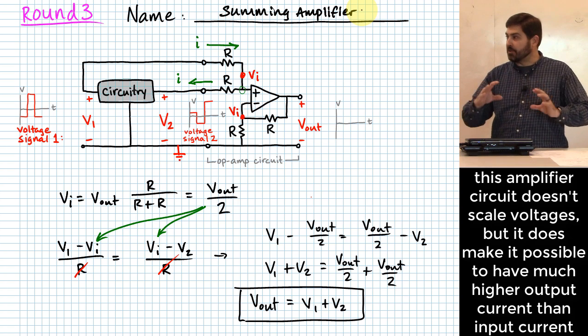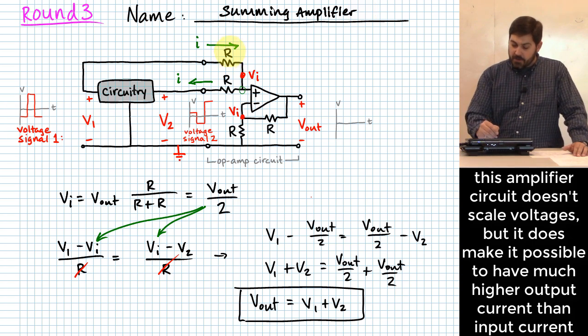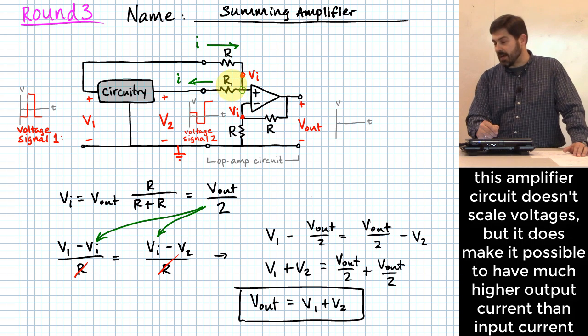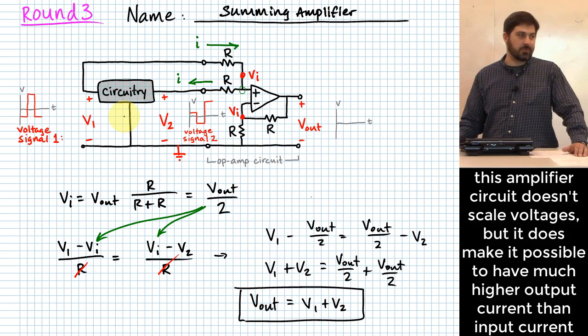But it has the ability of delivering some heavy current if need be, okay? And if you select high values for R, it will also have the ability to not demand a lot of current out of the source signal circuitry, right? So you could say that it's amplifying, or it has the capability of amplifying current, but it's not really amplifying voltage. It's just adding two of them together.